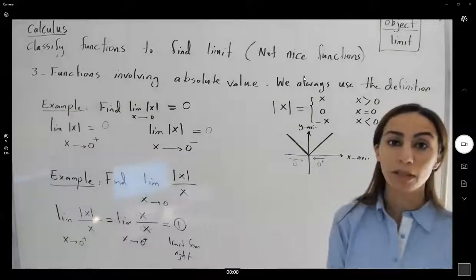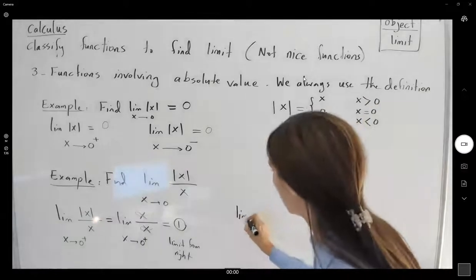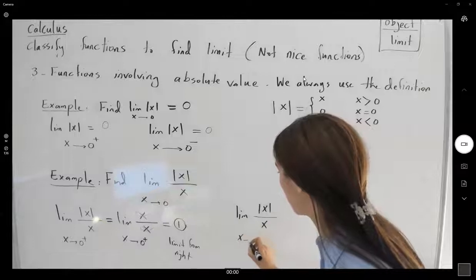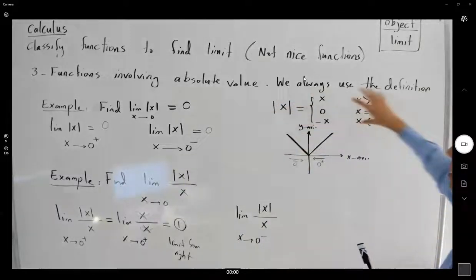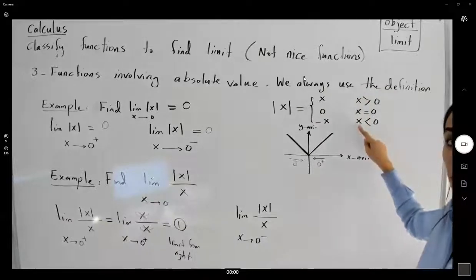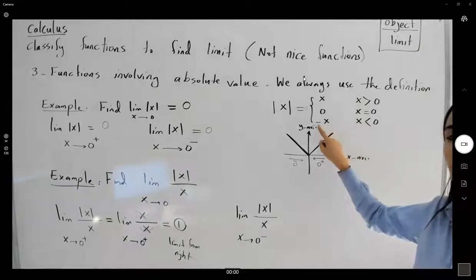What is limit from left? So, limit of absolute value of x divided by x as x approaches to 0 from left, you're using the definition of absolute value. As we are going to 0 from the left, you write down the number with a negative sign in front of it.